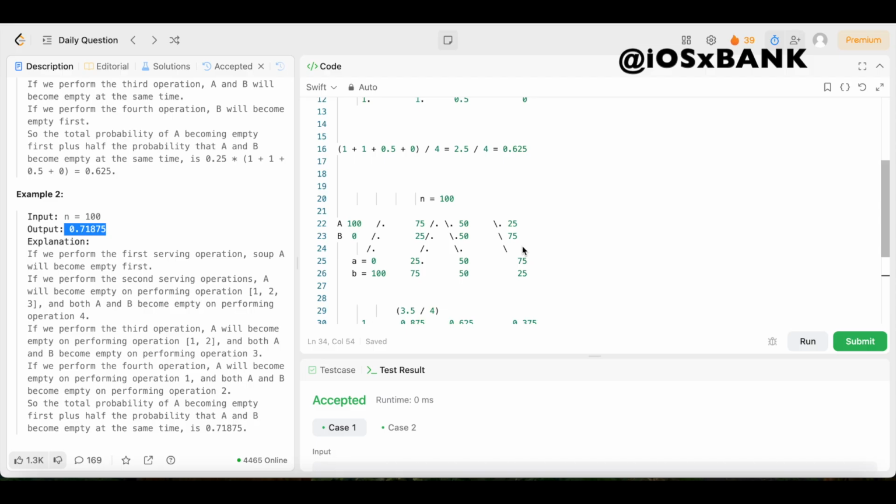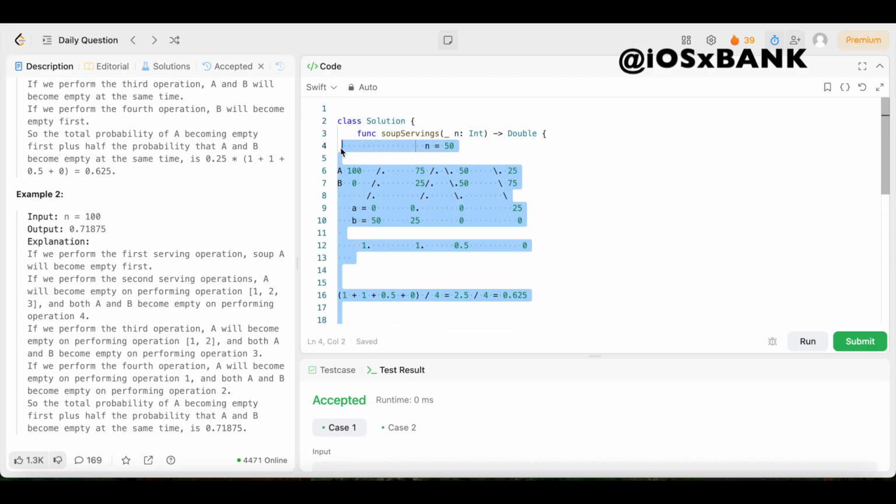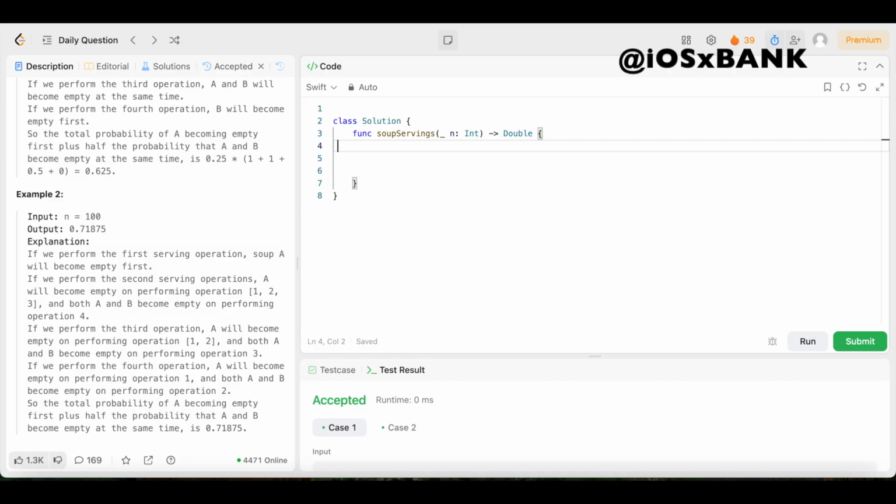And now that we understand the question, let's get into the fun part, the actual solution. So let me get rid of that real quick while we get into this solution. Now, first thing we're going to do, we're going to create a recursive helper function. We'll call it F, and this is going to represent the probability that soup A will be empty first.